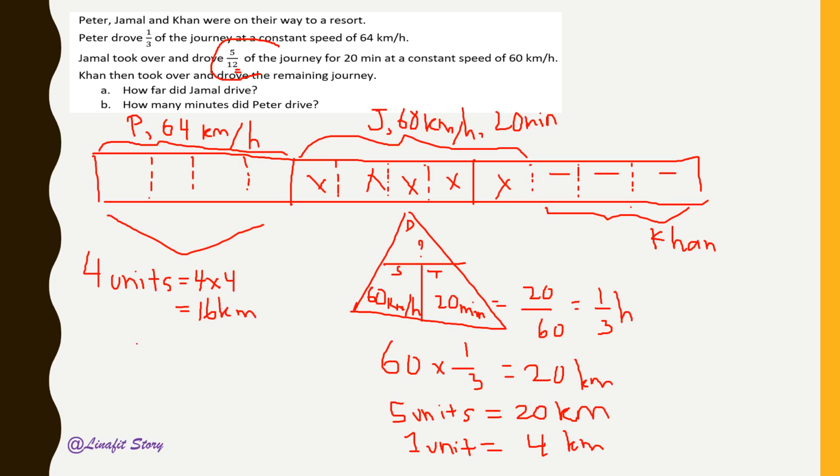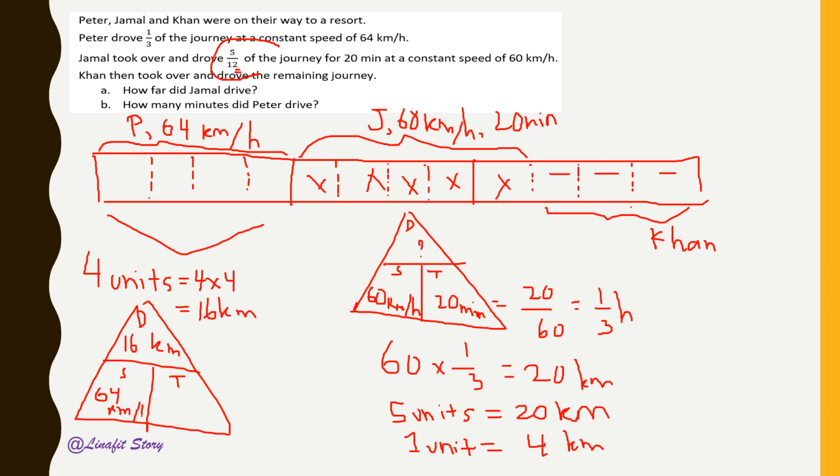Next, we may draw the DST triangle. He drove 16 km, and then his constant speed is 64 km per hour.